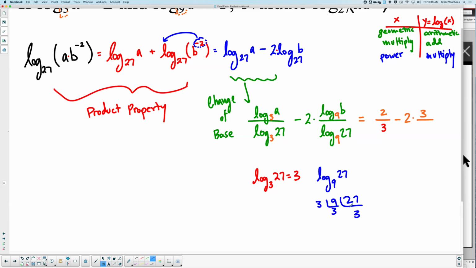So here's what that means. 27 is 3 powers of 3. But 9 is how many powers of 3? 2. That's 3 halves. Okay, this, when we simplify, will give us our answer.